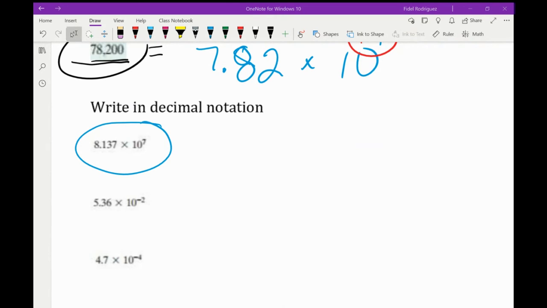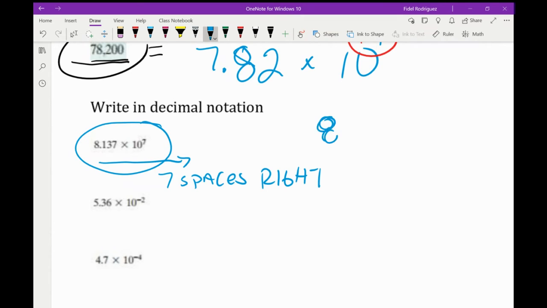Excellent, perfect. Okay, so since this number is big, I'm going to take my decimal point, and it's going to move 7 spaces to the right. Okay. So I want you to notice what I'm going to do. I'm going to write 8.137, and I'm going to show you what I think is the easy breezy cover girl way of figuring out how many zeros I need to put down.